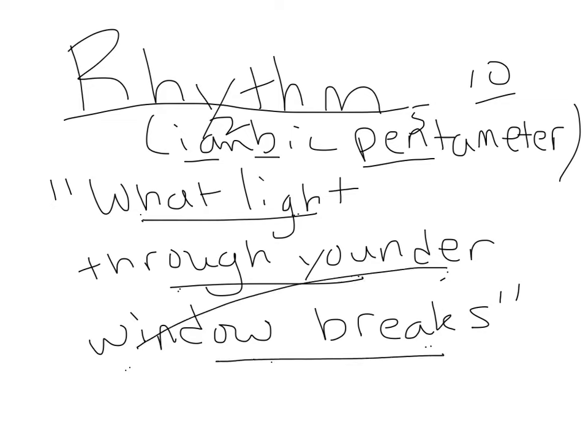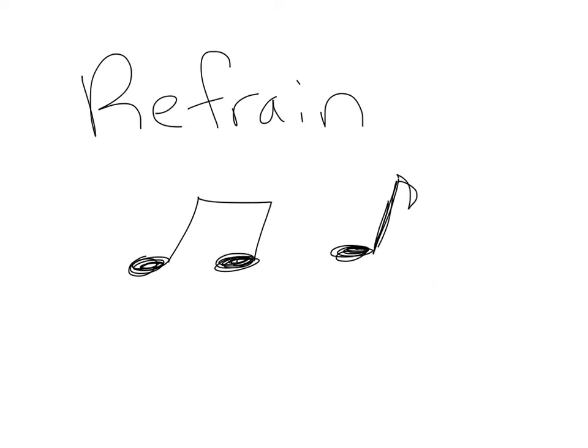Okay, we got those together. Now what you've got to think about is that there's rhythm in that. What light through yonder window breaks. You could clap along to that, and if you keep going over and over, you'd be able to clap and tap your foot to that. Now, poets do that a lot of the time because it sounds more like music, more like a song.